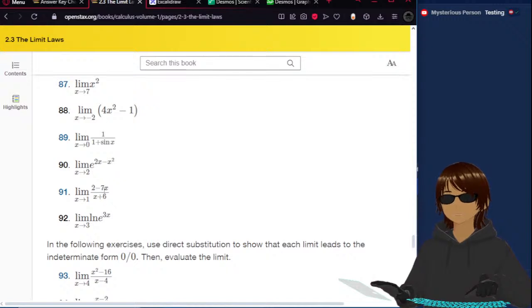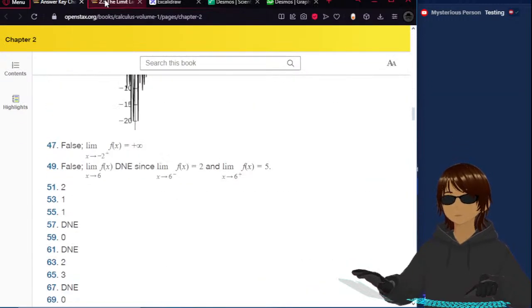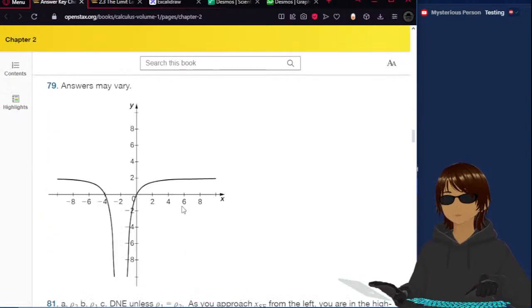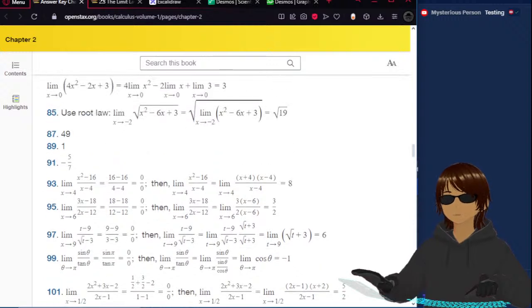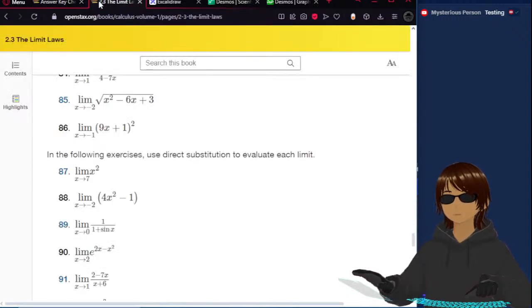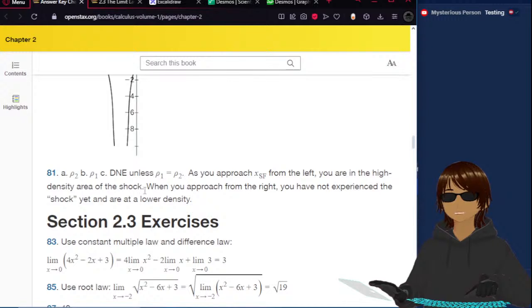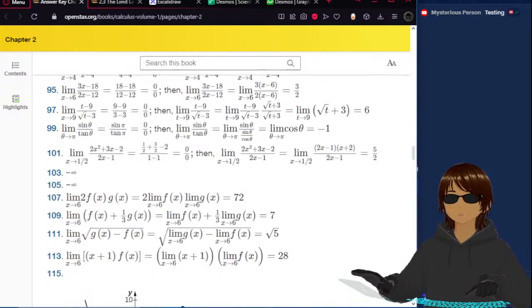So it's minus 5 over 7. Yeah, 7 squared is 49. Then 89 would be 1 and then minus 5 over 7. What about the previous ones? 3 and then root 19.